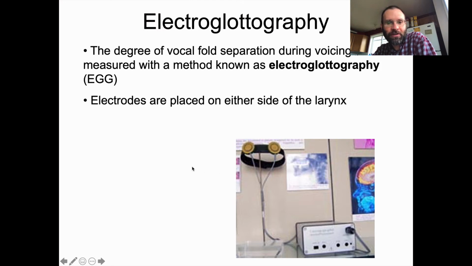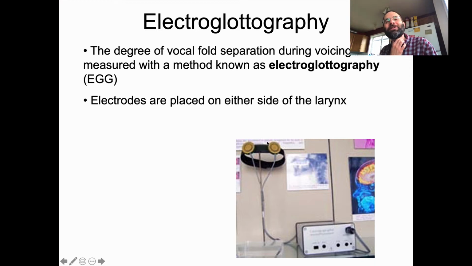And the way this works is kind of fun. So this is basically a band with a Velcro connection at the back, and it has two electrodes on either side of it, and they are hooked up through wires to this device, which measures how much voltage is going through the electrodes.